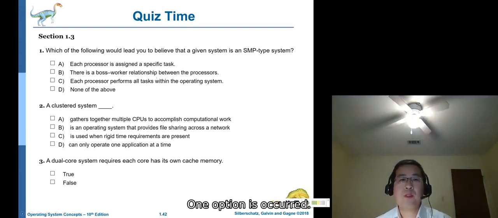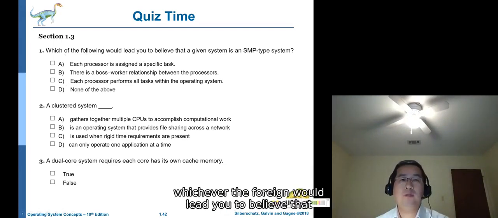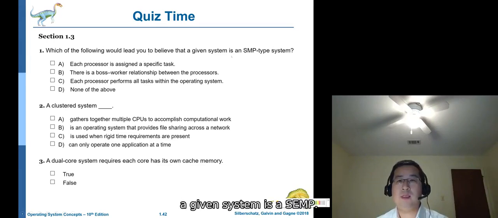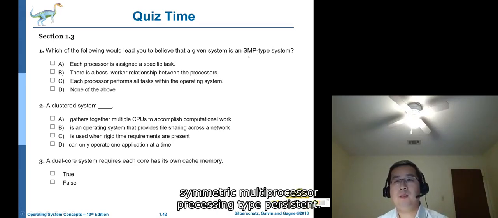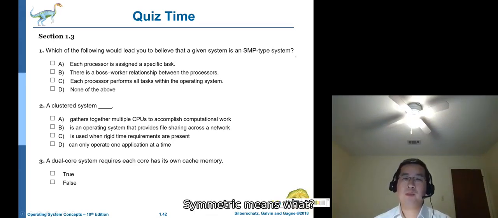One option is correct. So which of the following would lead you to believe that a given system is an SMP, symmetric multiprocessing type system? Symmetric means what?